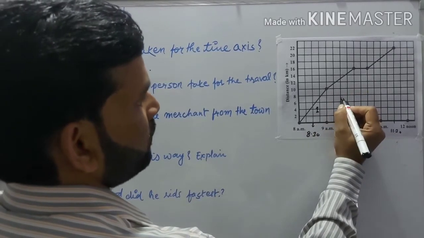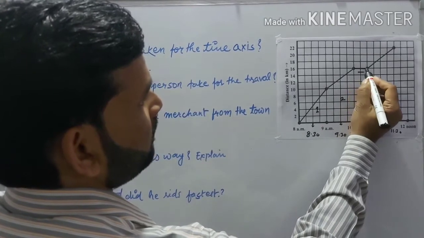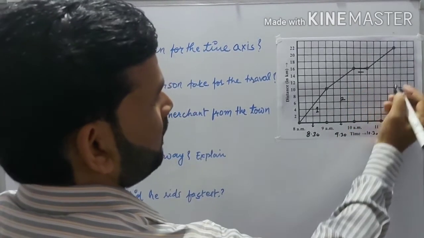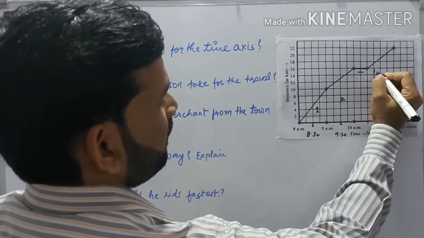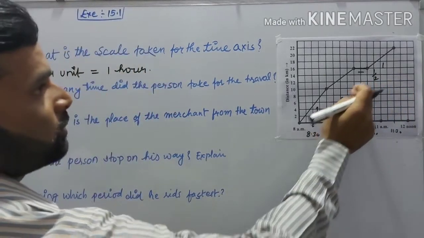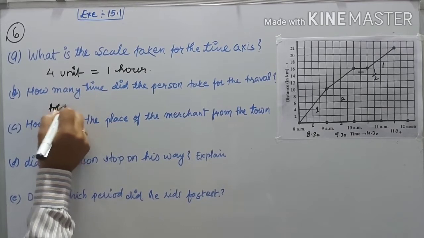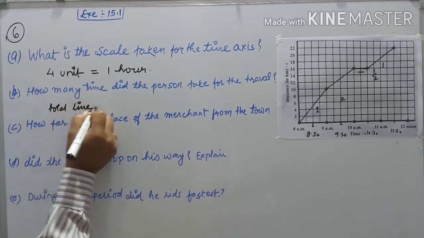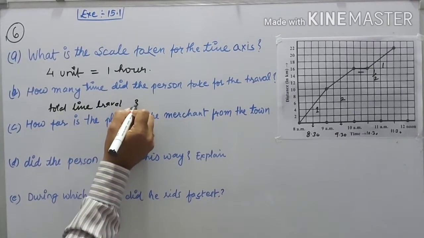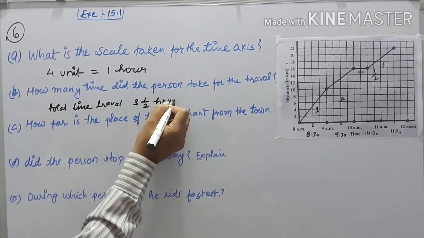Second, he travels for 2 hours, and half hour is a rest, same position, no distance covered, and then the next half. So this is 1 and 2 and 1, here half, so total 1, 2, 3. This means total travel time is 3 1/2 hours.